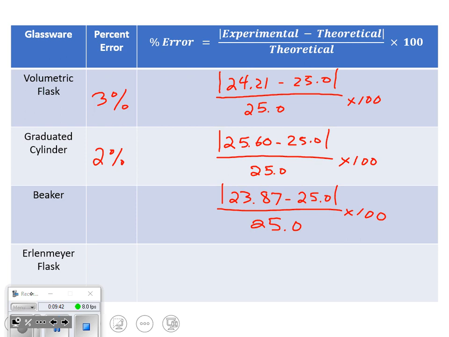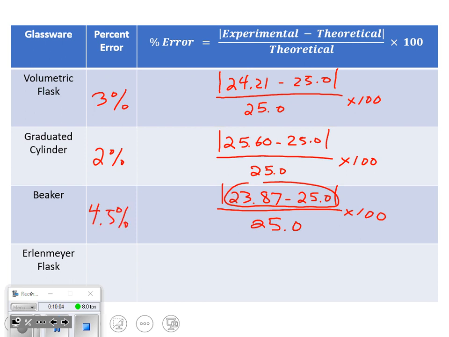So when I take that to the 10th spot there, I'm going to have a 1.1. So I'm going to have 2 sig figs on this particular one. And that's going to give me 4.5%.